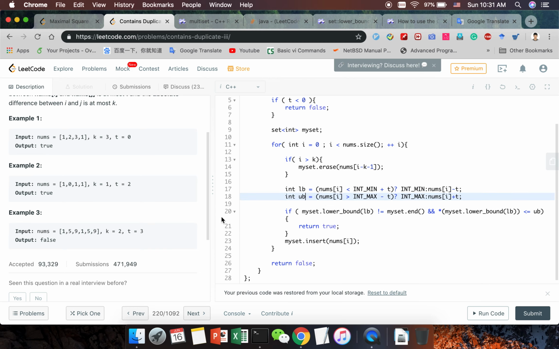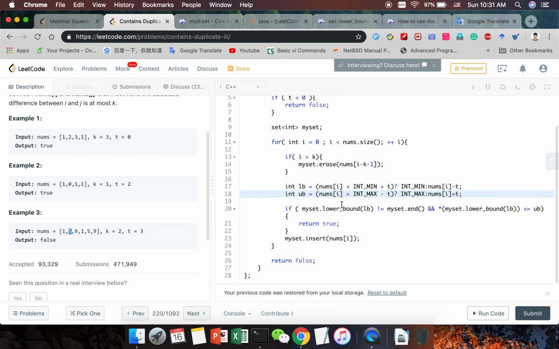When we insert a new number into this set, we calculate the lower bound and upper bound of this value based on t. Then we look at the other values in this window and check if any values fall into this lower bound and upper bound.